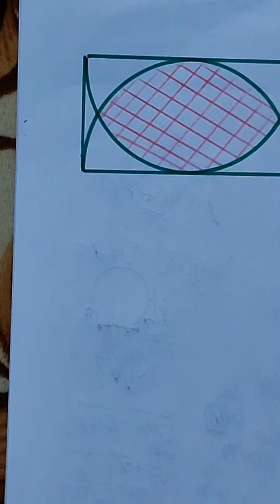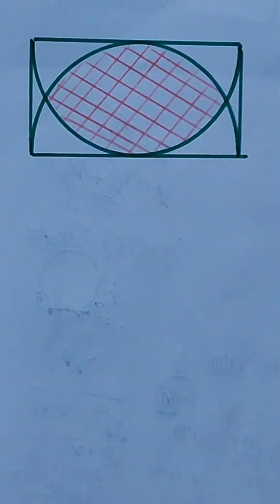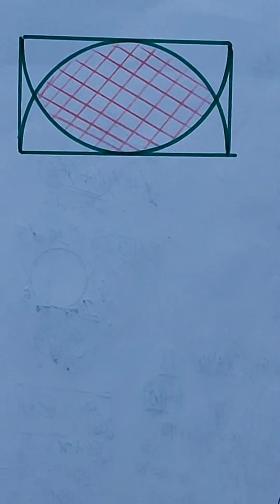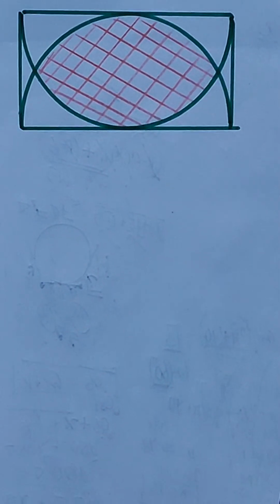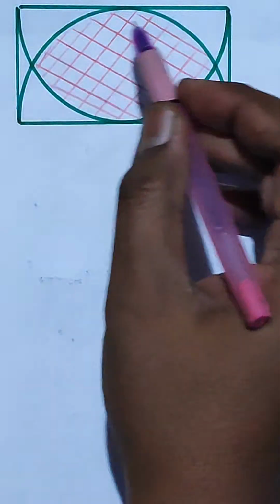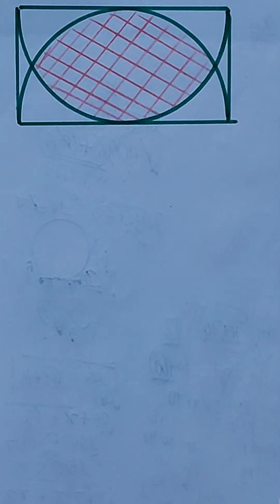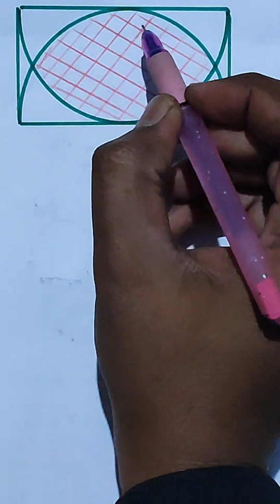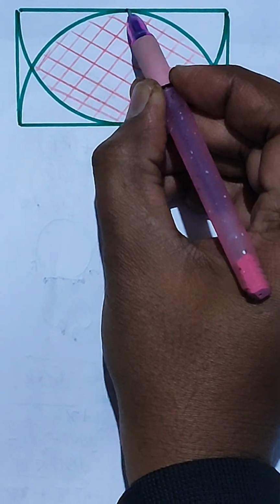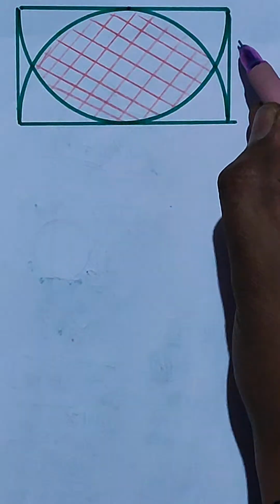Okay. So I selected this question which I found useful. A rectangular box is given to you. This is a rectangle. Inside this, considering this as a center, this semicircle is drawn.